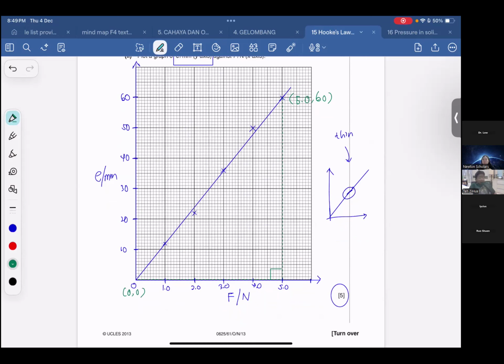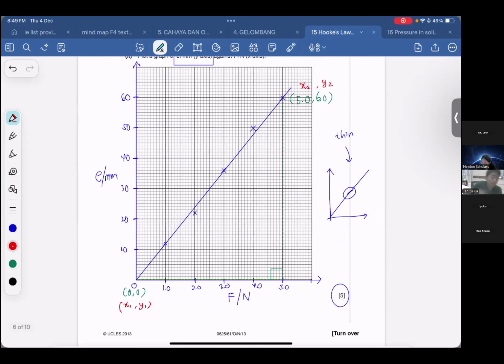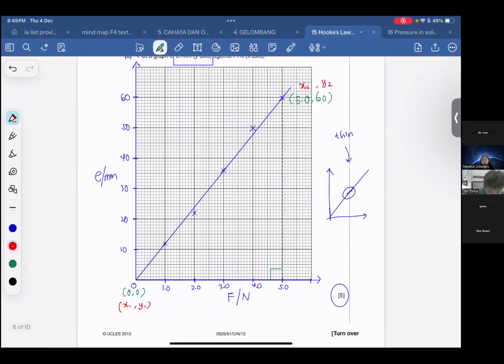I label the points, although there is no extra mark, but I tell the examiner this is my triangle and this is the point that I use to calculate my gradient. Okay, so please, this one is x1, y1. Here is x2, y2. So this one, F in Newton, is actually your x-axis. E in mm is actually your y-axis.